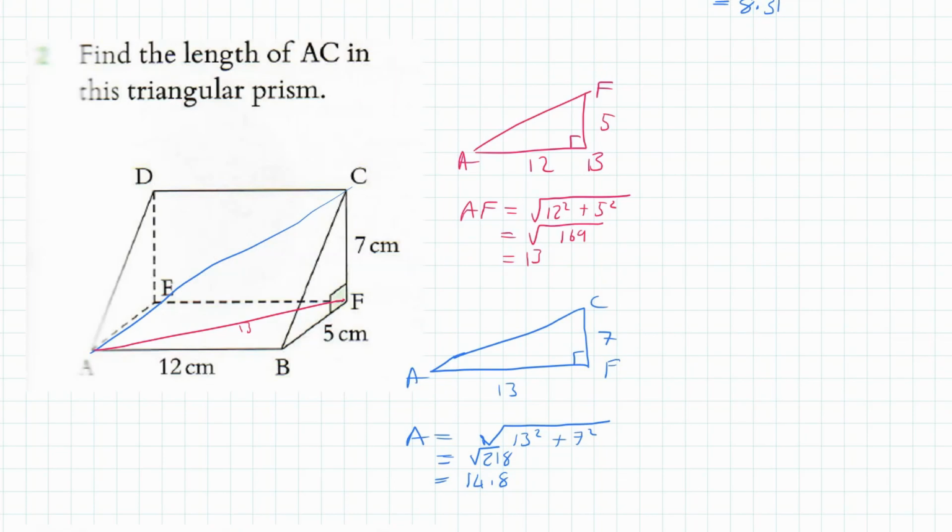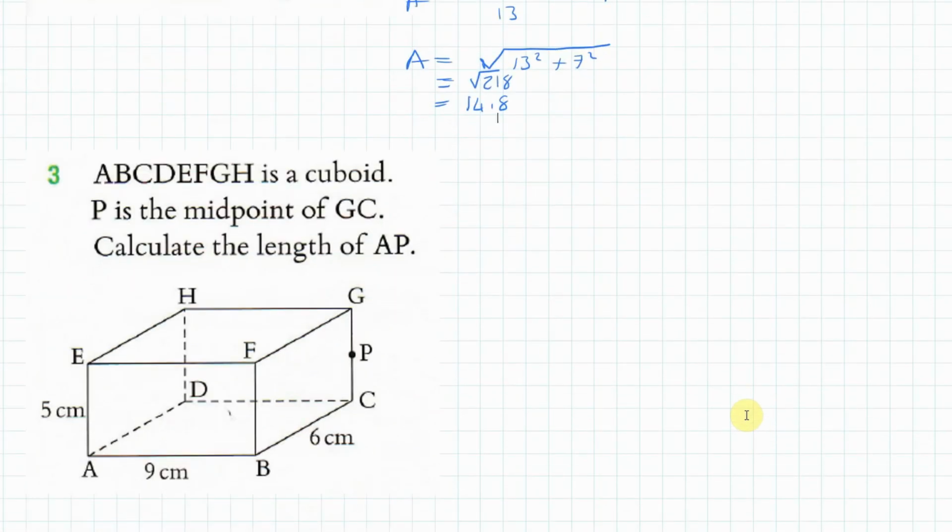Now I've just got one more that I'll do with you. I do expect you to try, well, it'd be worth trying all of the questions. Now I'm trying to find the length of AP. So in essence what I'm trying to do is make a triangle like that. And I know that PC is 2.5, and I need to find AC. So how am I going to find AC? Well, to find AC, I'm going to use triangle ABC.